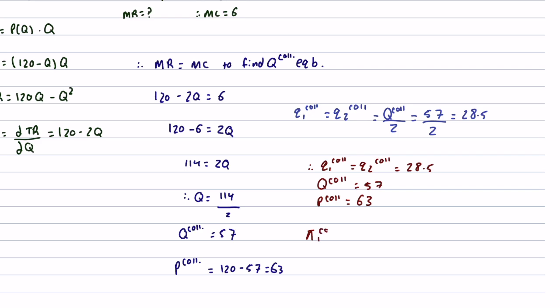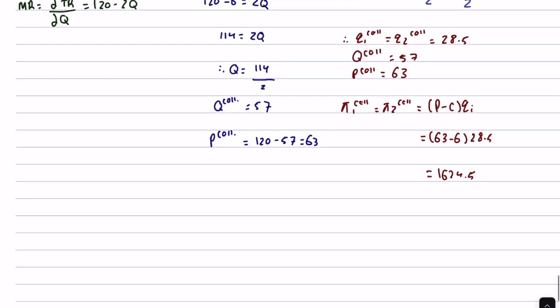We know profit 1 collusion is going to be equal to profit 2 collusion, which is going to be equal to price minus cost times however many units each firm is producing, which is going to be equal to 63 minus the cost, which was 6, times 28.5, which is equal to 1,624.5, right? Perfect.